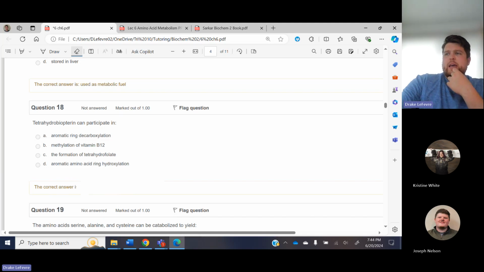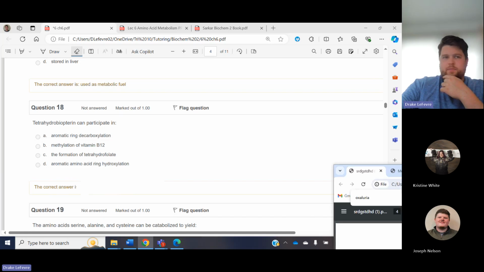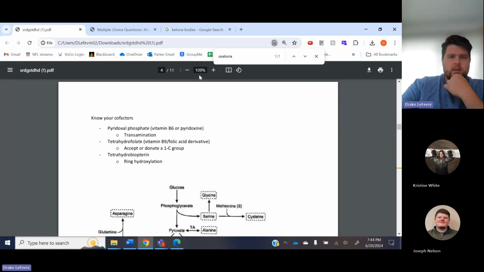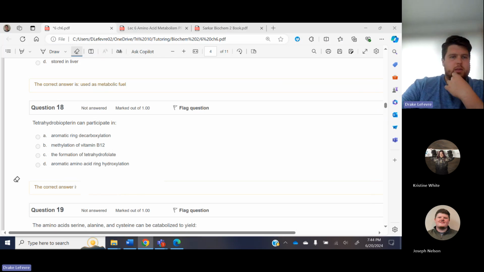Tetrahydrobiopterin can participate in, I believe I have my notes. I have one of these written down as the specific cofactors. Yep, I do. Tetrahydrobiopterin does ring hydroxylation. So we find our answer: aromatic amino acid ring hydroxylation.